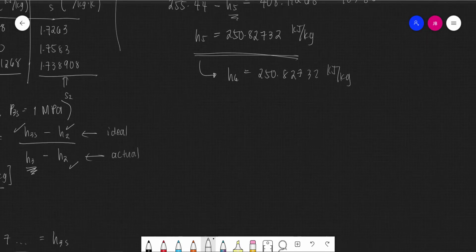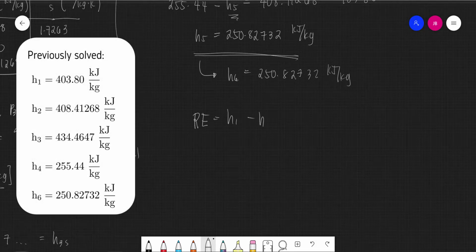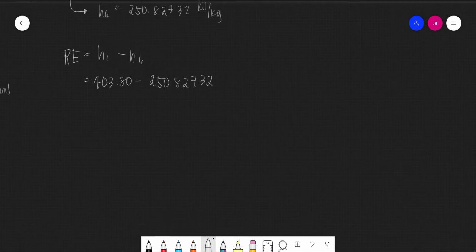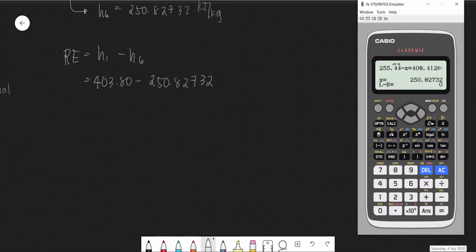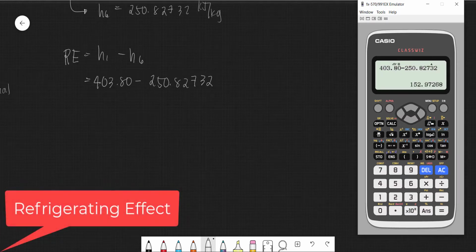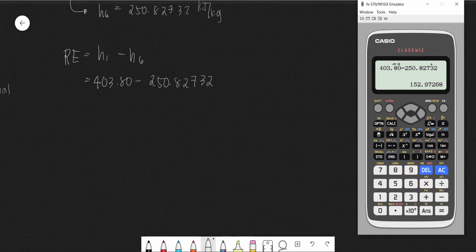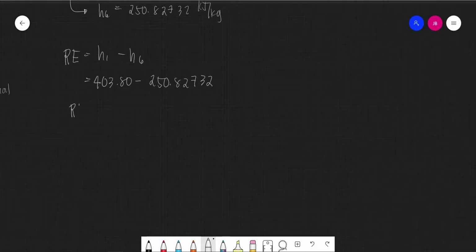So the refrigerating effect is just going to be equal to H1 minus H6, which are as follows. If we input this in our calculator, we have the following. So our refrigerating capacity is 152.97, or around 153.